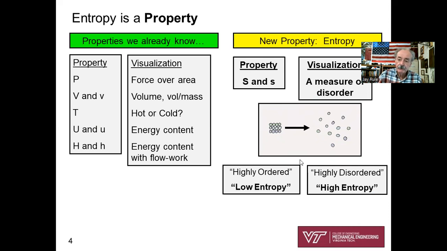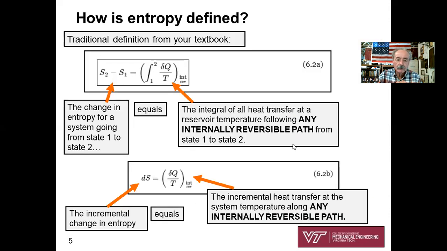Now, numerically, the way we remember the property entropy is if a closed system is highly ordered, high order is going to mean low entropy, lack of disorder. However, if a closed system has a high amount of disorder, then the property entropy will have a high value, a high entropy. And that's enough, I think, to talk about the property that we call entropy.